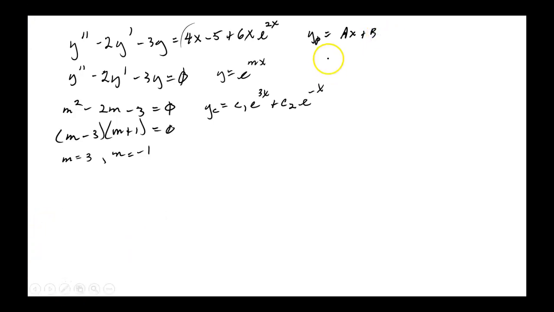That's certainly a part of it because that would give you that part. But what in the world could we be doing with that? Well, at least we need a cx e to the 2x, okay? But do we need anything else?